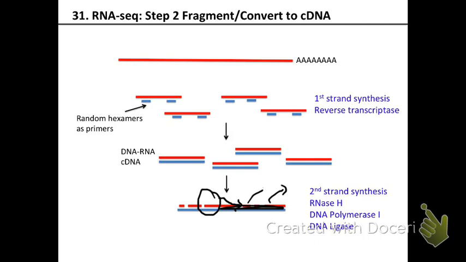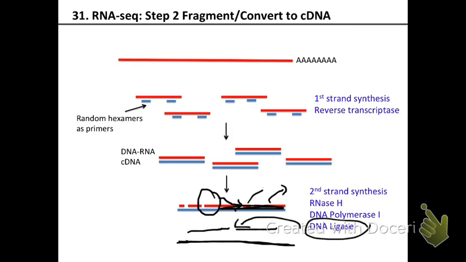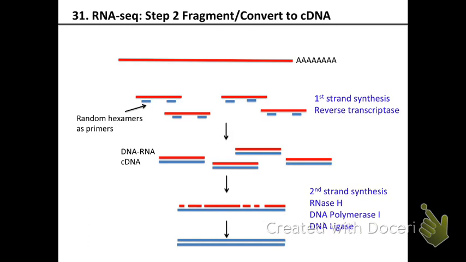And when the DNA is synthesized, if there are gaps, the ligase is going to come in and ligate these. Okay? So at the end of this reaction with these 3 enzymes, what you're going to get is your double-stranded cDNA. Does that make sense? Any questions?